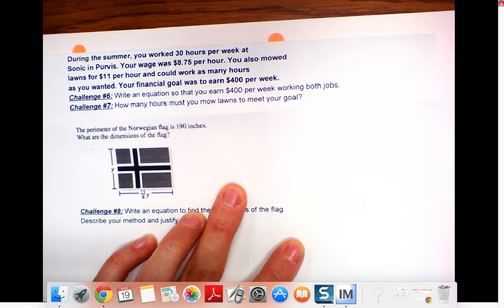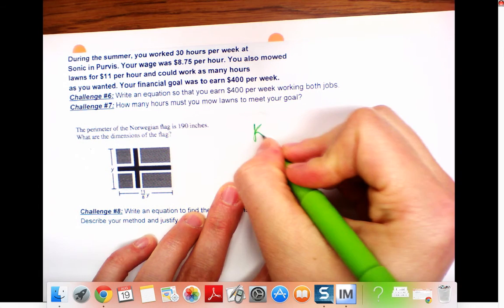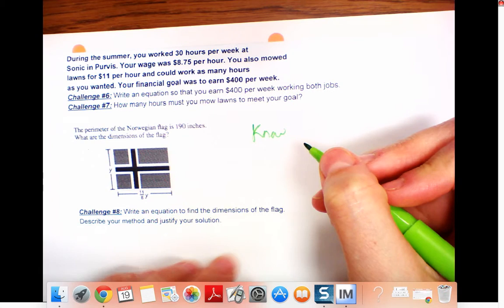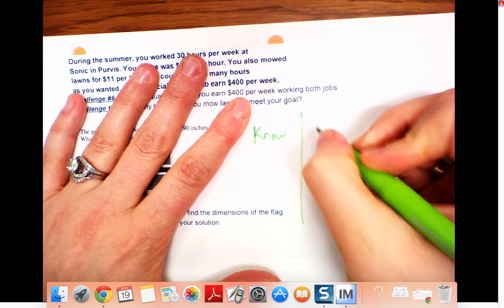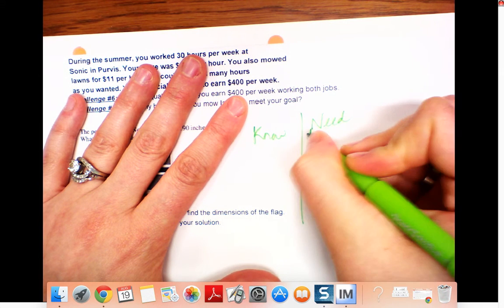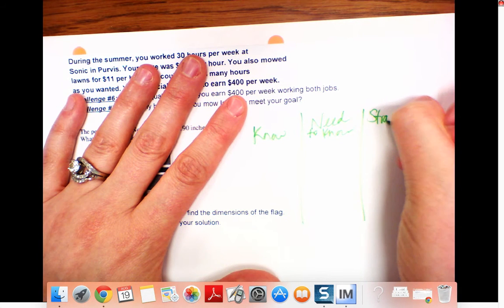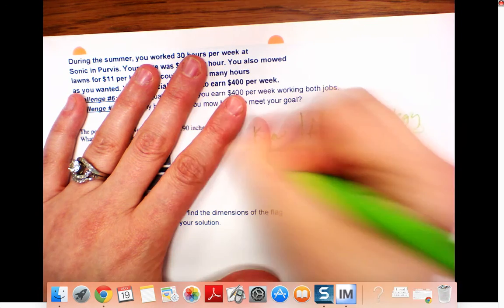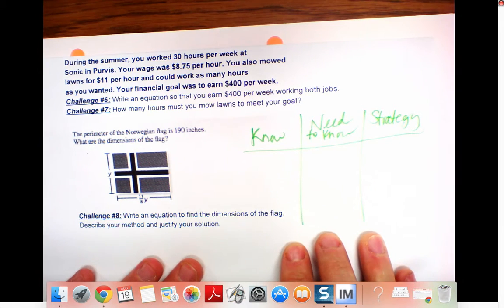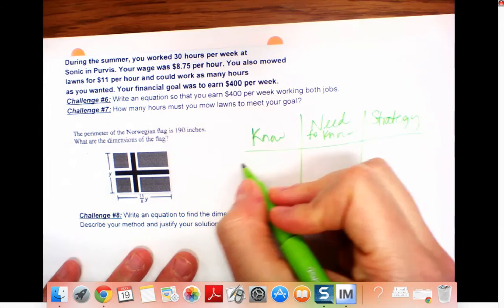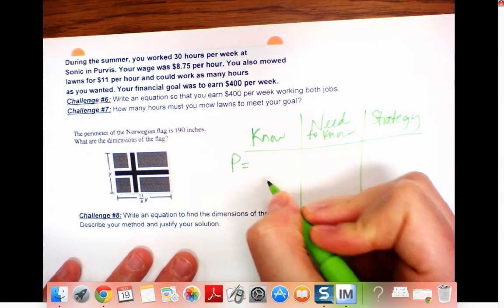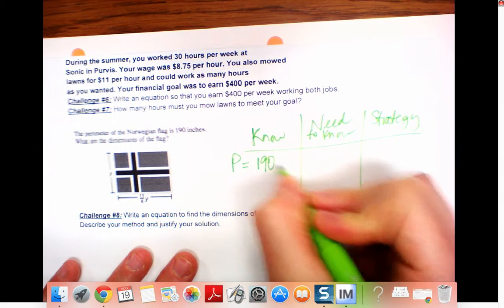All right, so I know there isn't that much information that we know, but it never hurts to use our 3-column strategy. So we know that the perimeter is 190 inches.